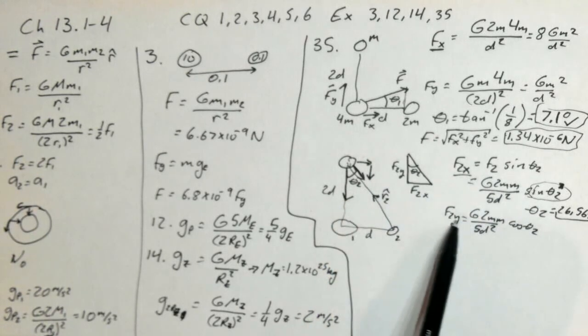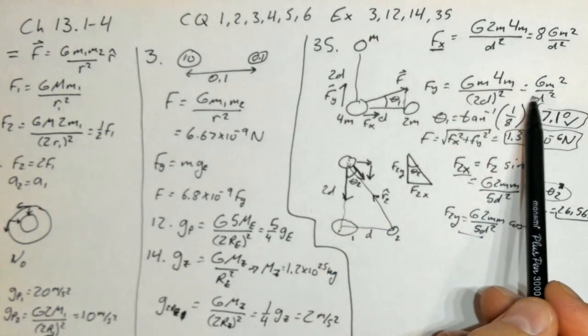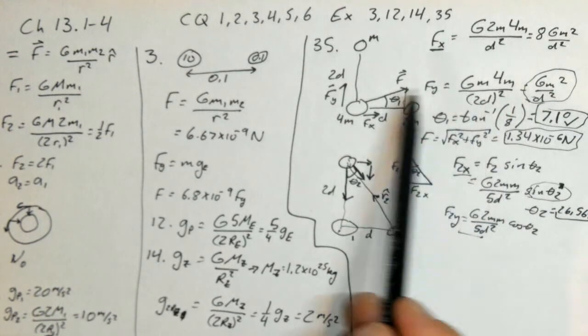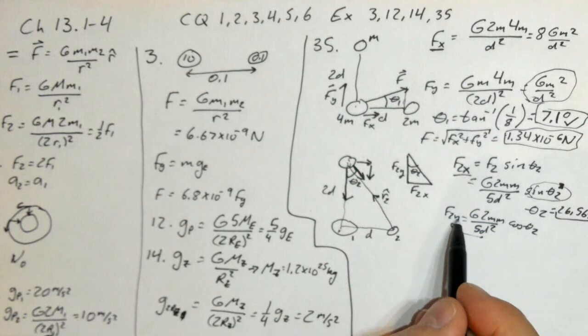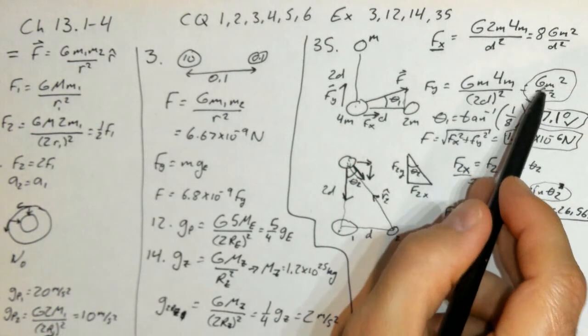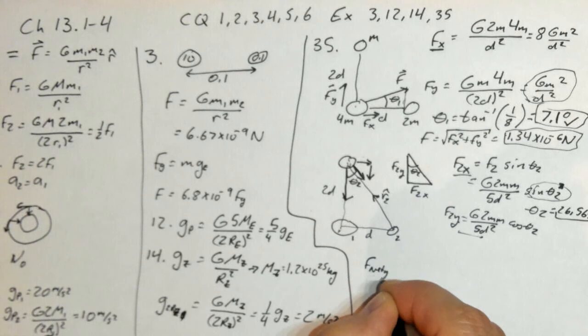Well, now I need to add this one with the one from this force, which we've already calculated. That's this right here, because it's the same force, just between these two. So I can take this one plus this one as my full F net y.